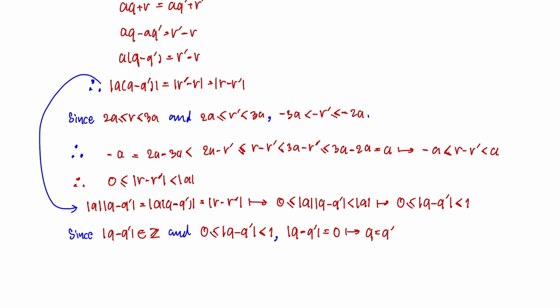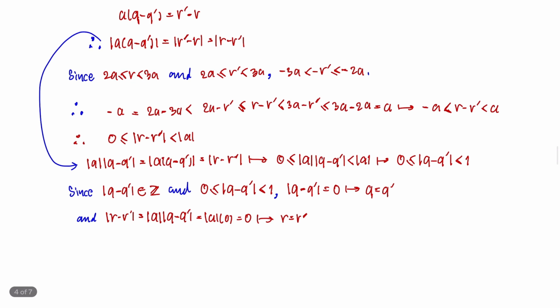Now what about the absolute value of R minus R prime, which is the absolute value of A times the absolute value of Q minus Q prime, and this one right here is 0. So it turns out to be the absolute value of A times 0, which is 0, which implies that R equal to R prime.